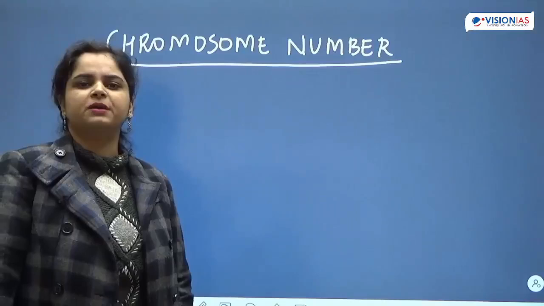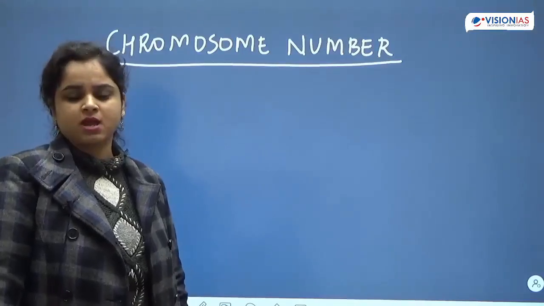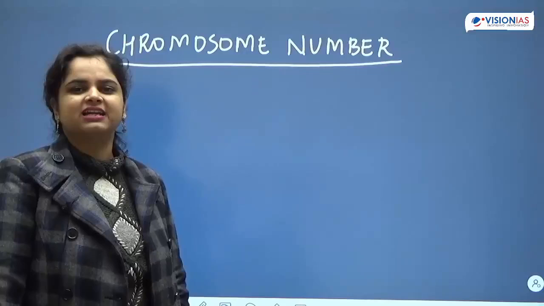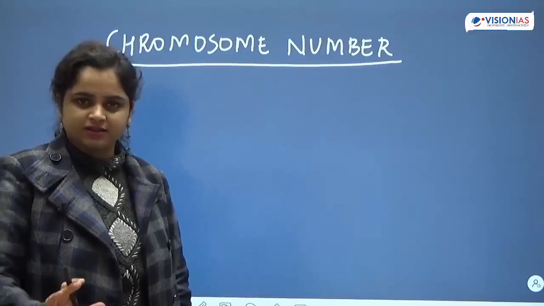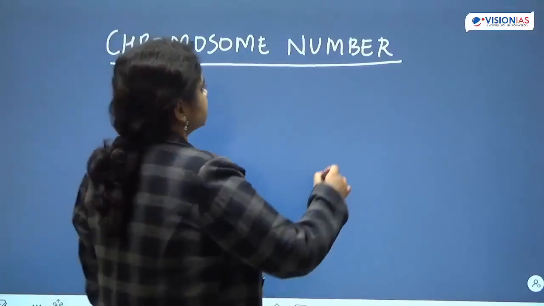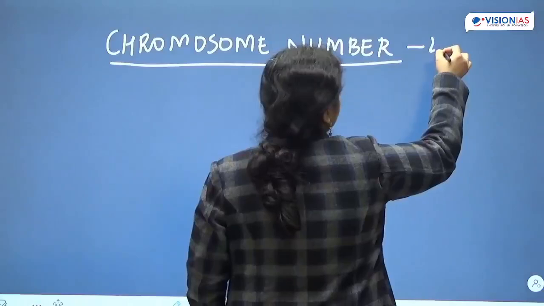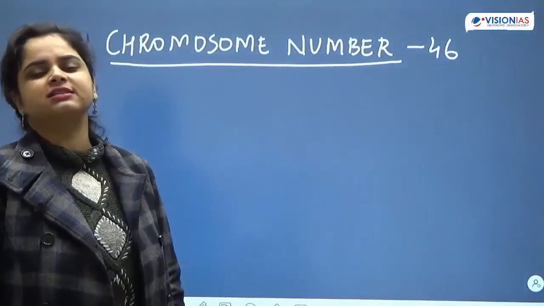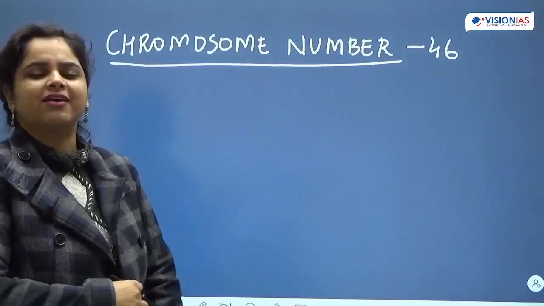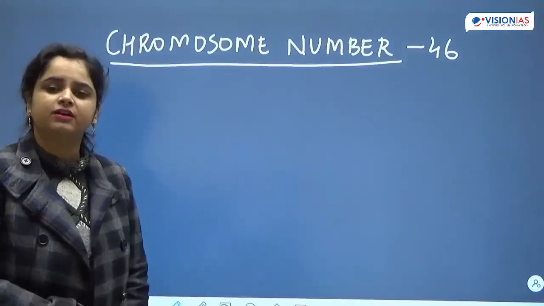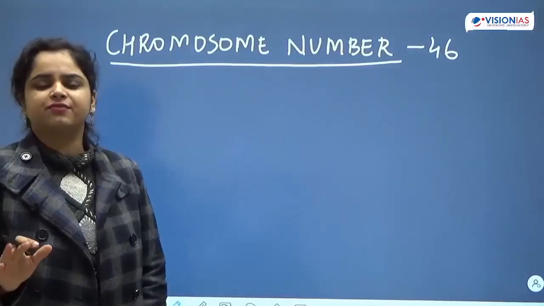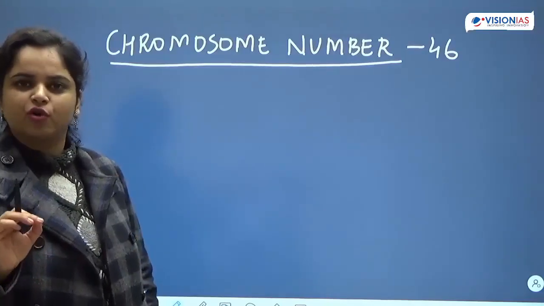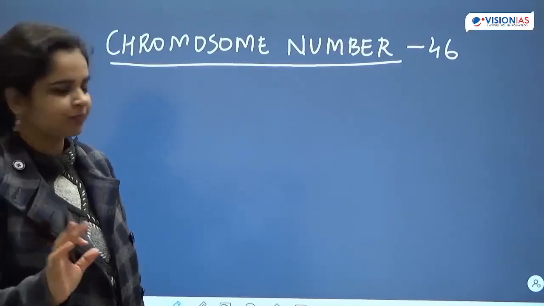Chromosome number for a particular species is fixed. How many chromosomes would be there in an organism? That is definitely fixed. For human beings, this number is 46. We have 46 chromosomes. An elephant will have a different number, the horse will have a different number, the sunflower will have a different number, honeybee will have a different number. Okay, number of chromosomes is different.